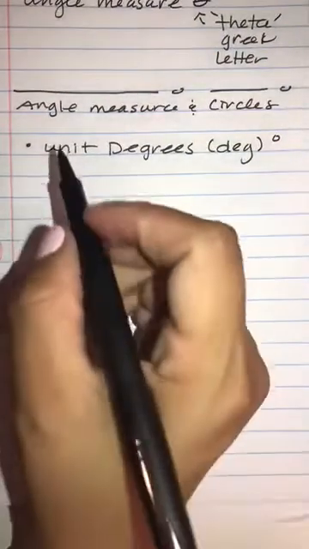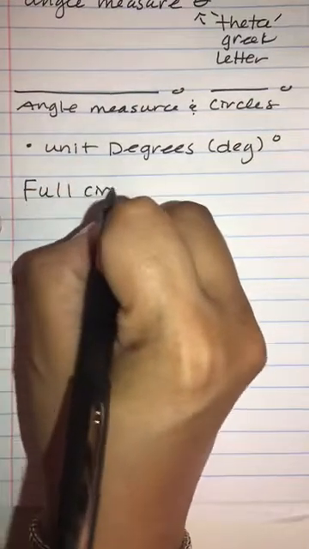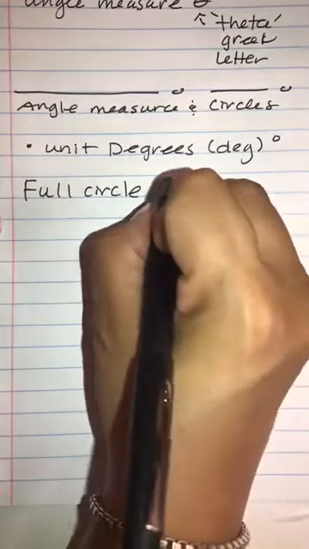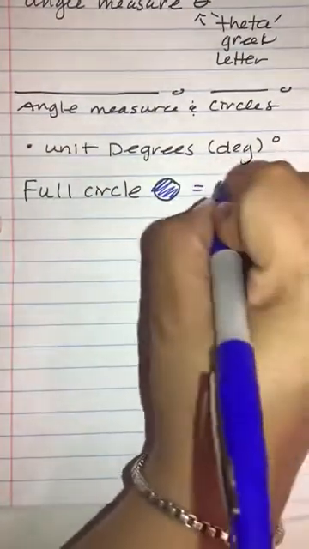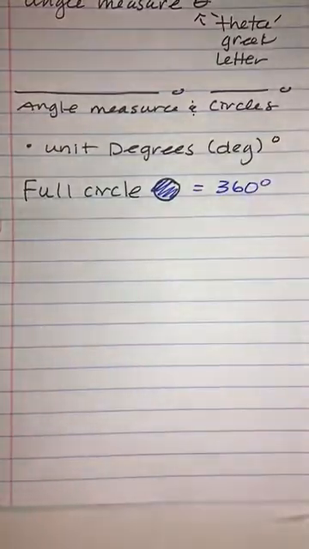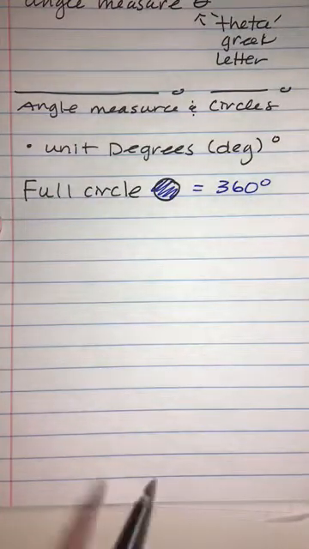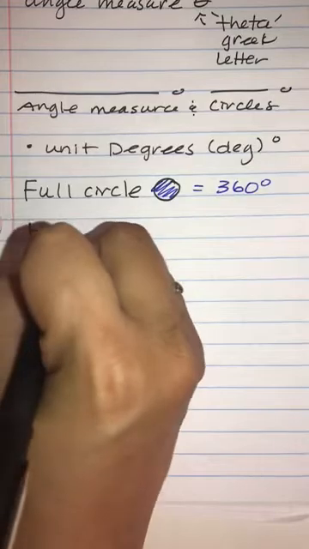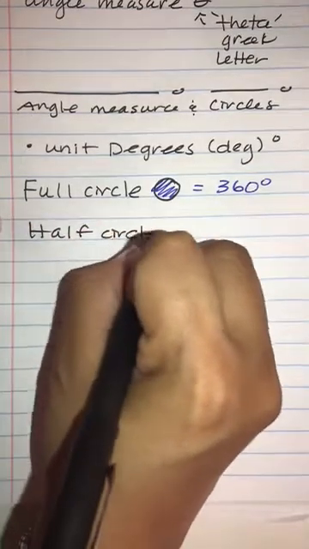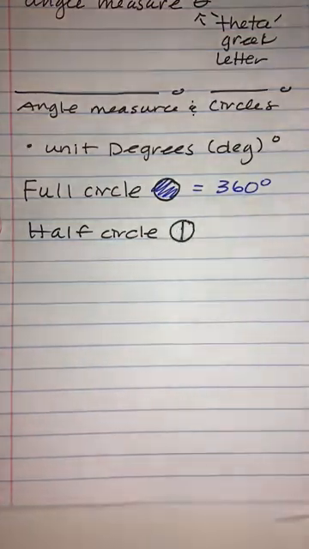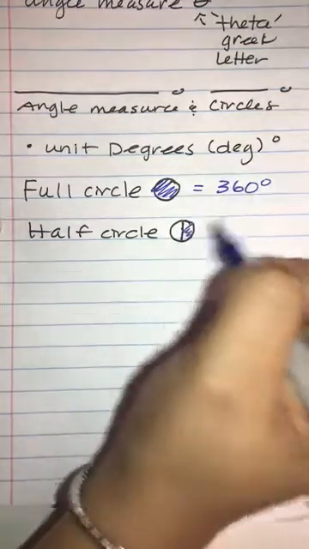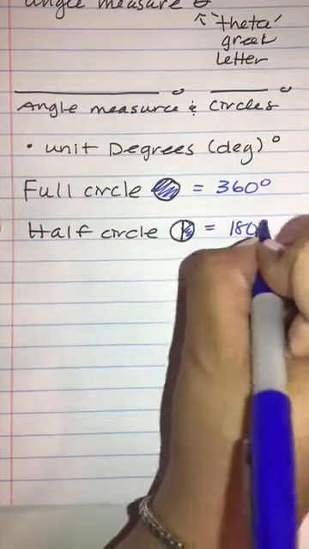When we're talking about degrees of circles, if I have a full circle, everything's filled in, it's equal to 360 degrees. If I have a half circle, it's equal to 180 degrees.